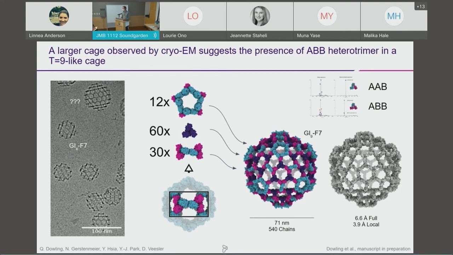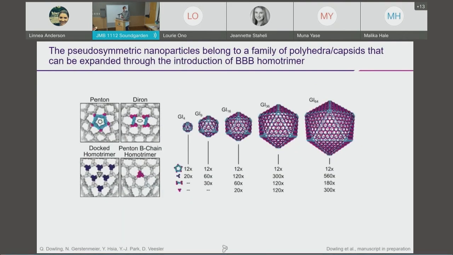And so Quentin realized when he saw this thing that this was the first in a series, an infinite series of nanoparticles that you could get by expanding hexagonal lattices on the icosahedral facets. And so in order to do that, you have to add in homo B, a homotrimer of the B chain. So no additional design was required here.